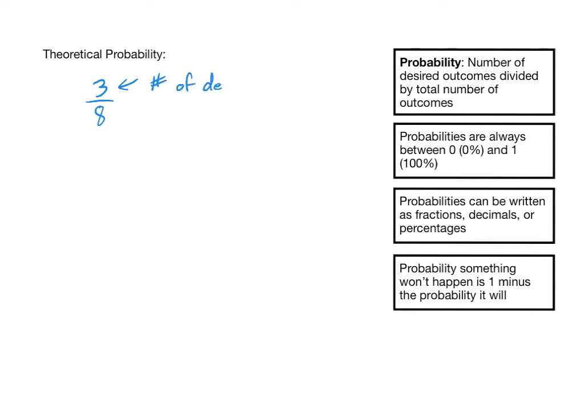There were 3 of the 8 outcomes that had exactly 2 tails in them, not more, not less. And the 8 was the total number of outcomes. In general, that's how theoretical probability is defined. It's the number of desired outcomes divided by the total number of outcomes.